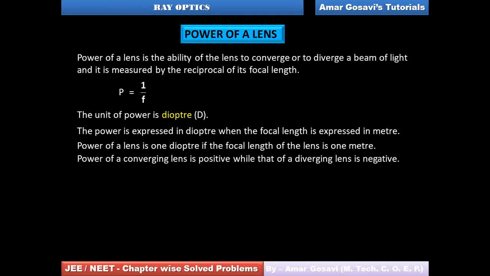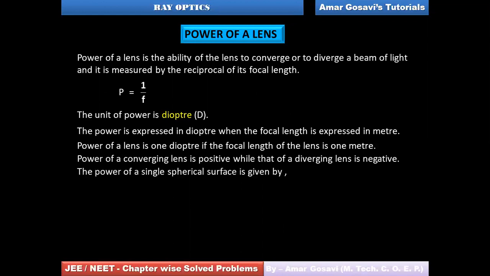Whereas for a diverging lens, obviously the focus is on the left hand side of the lens, and therefore it is taken negative. Now if focal length itself is taken negative, obviously the power will also come out to be negative. Therefore for a diverging lens, or concave lens to be more specific, the power would be negative, whereas in case of converging lenses or convex lens, the power would always be positive, friends.